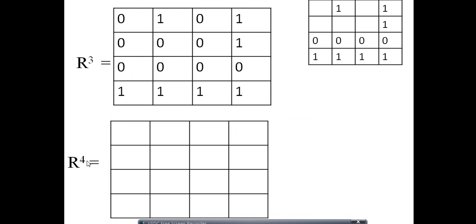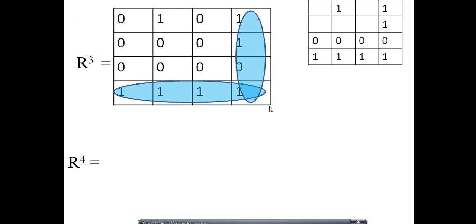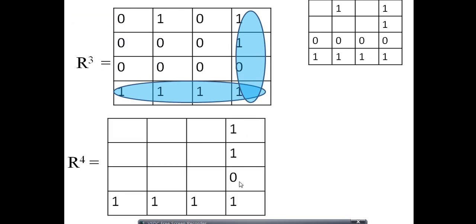Now we have to calculate the R4 matrix. From the R3 matrix we have to mark the fourth column and fourth row. That is your R4. So write down as it is here in R4. Next, write down the previous matrix's 1 values.